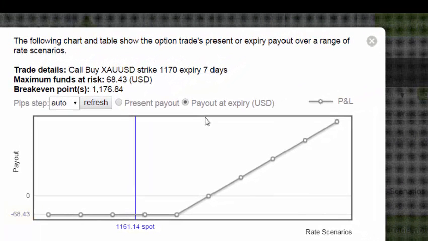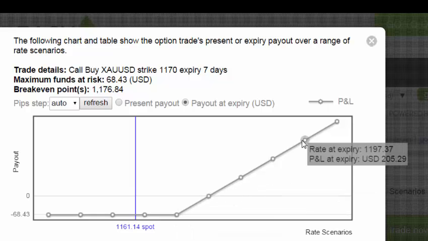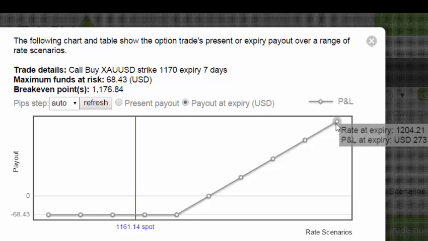Now, looking at this chart, there is a very clear pattern. As the price of gold rises, you see profit from the trade is also rising. And on the other hand, as the price of gold falls below the strike rate of the option, a loss is made, but this is limited to the price you paid for the option.